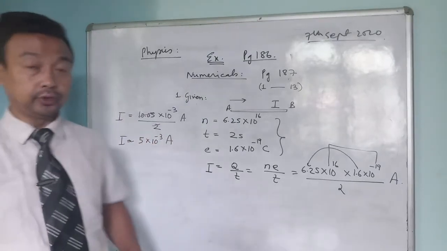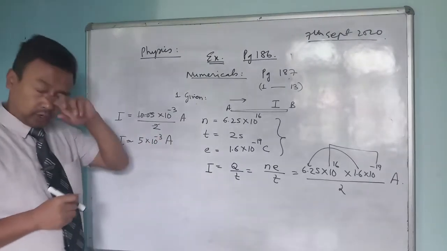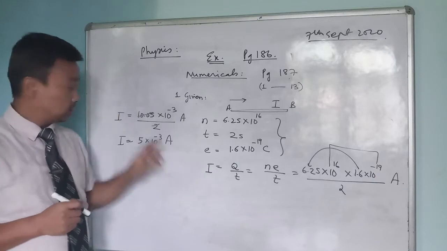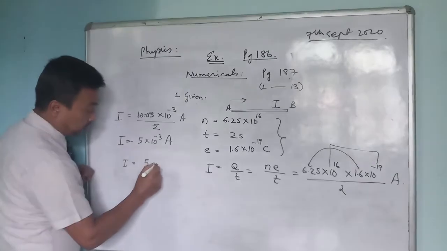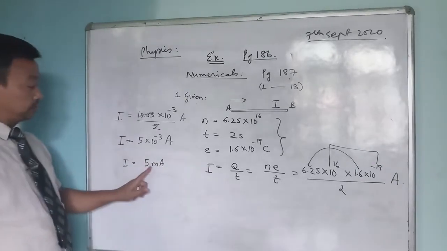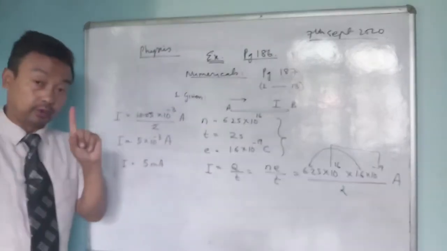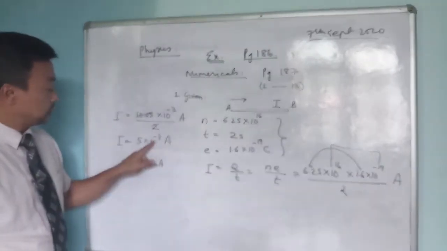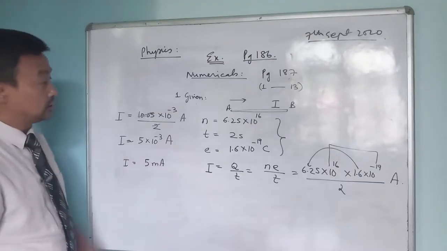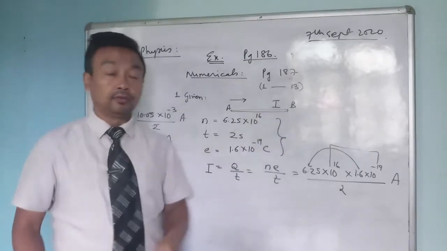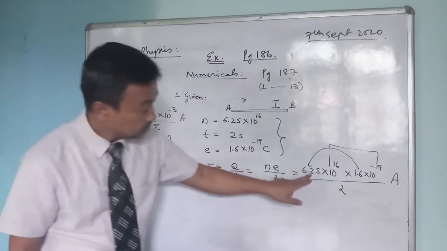So what is the current flowing in the conductor? 5 into 10 to the power minus 3. 10 to the power minus 3 is very small, and we can use it as milliampere, small m. Sorry, milliampere, not micro. Micro is 10 to the power minus 6. So we can replace 10 to the power minus 3 as milliampere. So how much current is flowing in that conductor AB? 5 milliampere.